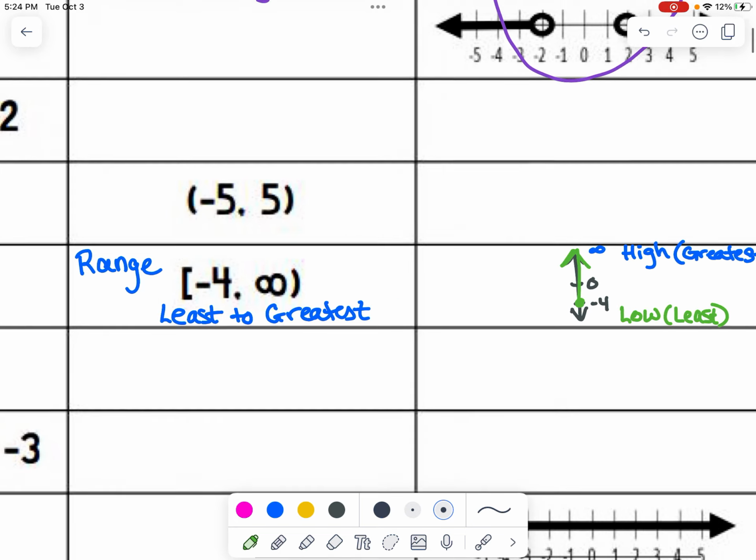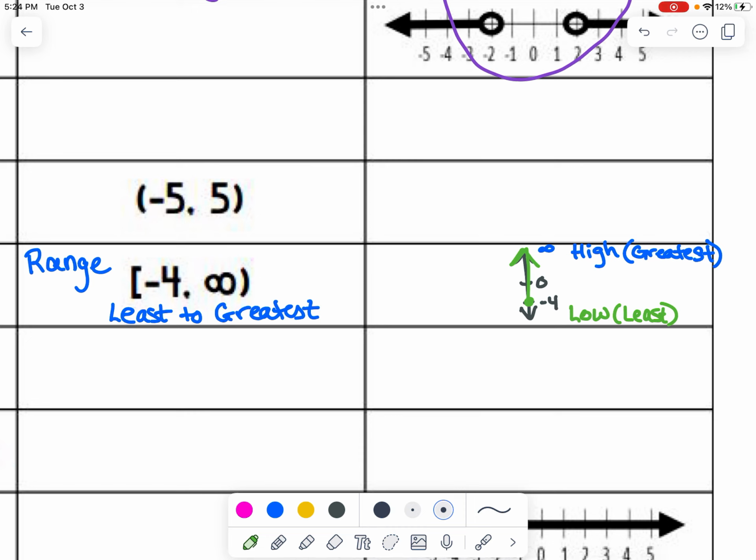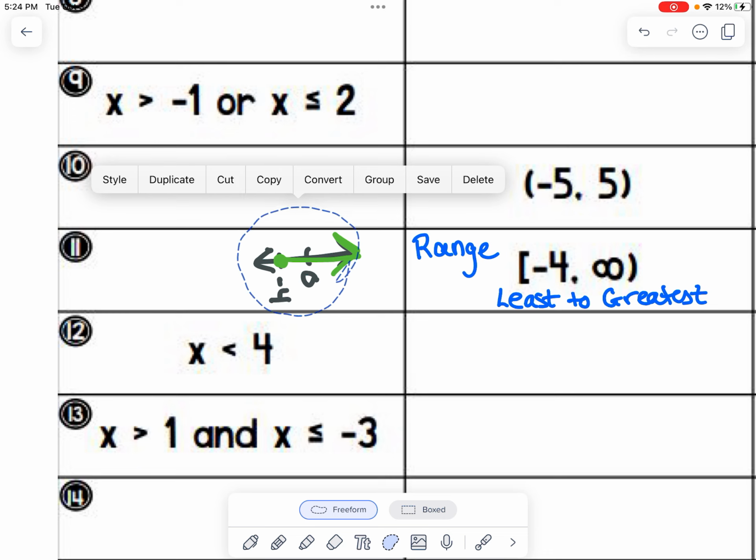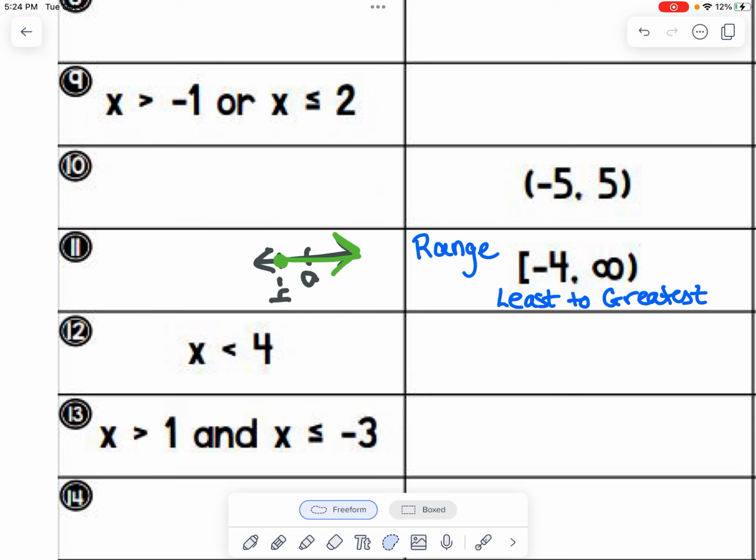So if we think of that, if we were to take that and make a copy of that, and I'm going to come over to here. And let's say I took this and I rotated it so it looked kind of like this. -4 is on its side, but you get the idea.